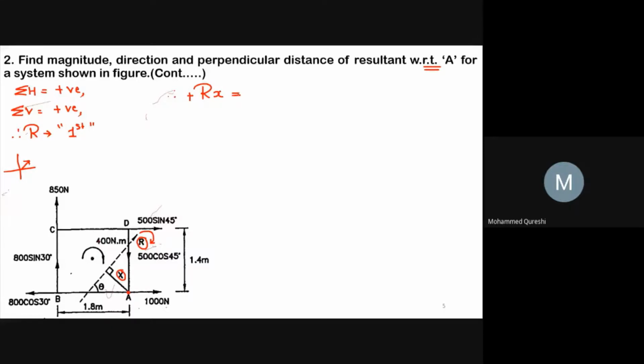now we will go for first force. So our first force is 400 Newton into meter. Moment is given and this moment is going towards point A in clockwise direction. So it will be plus 400.